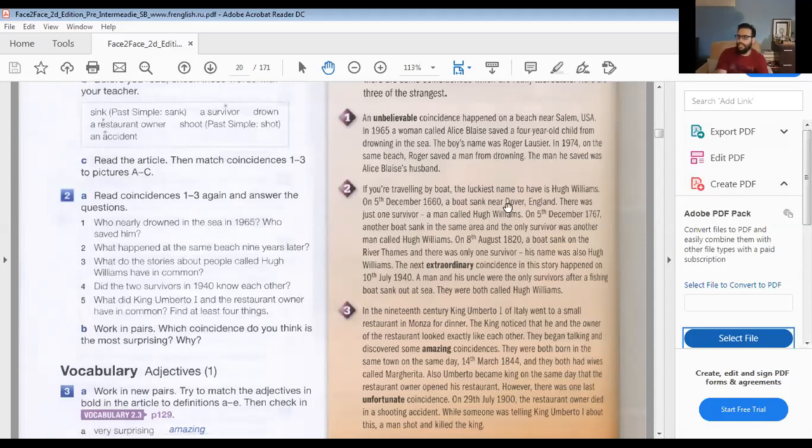So in almost every story, a boat sank, and the people who survive it are called Hugh Williams. All right. Now, number 4, did the 2 survivors in 1940 know each other? Yes, the 2 survivors knew each other because they were related, a man and his uncle. All right.